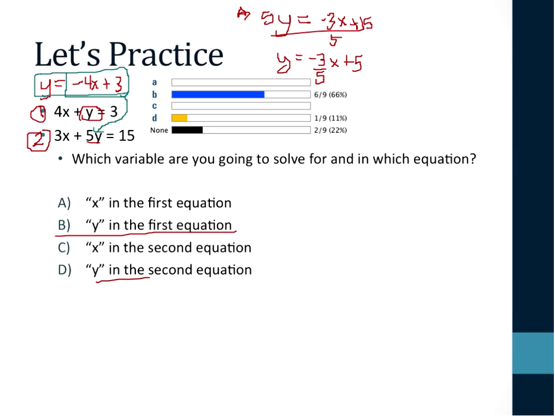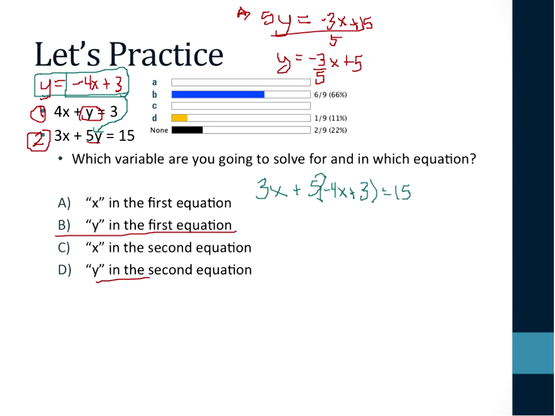Note how I take from one equation and I substitute into the other. So I get 3x plus 5 times the quantity negative 4x plus 3 equals 15.